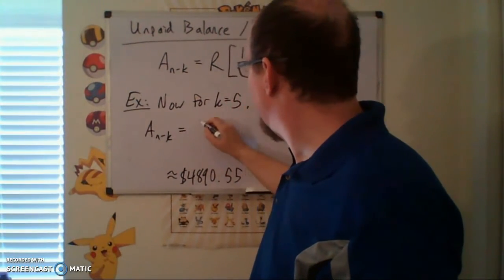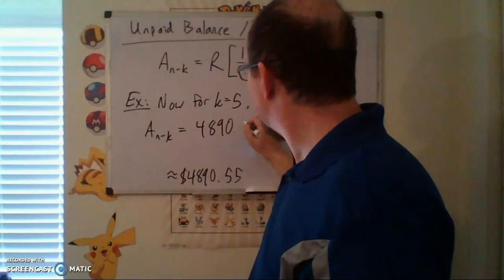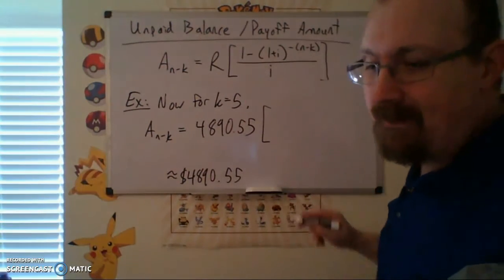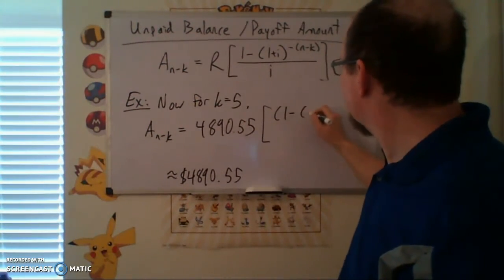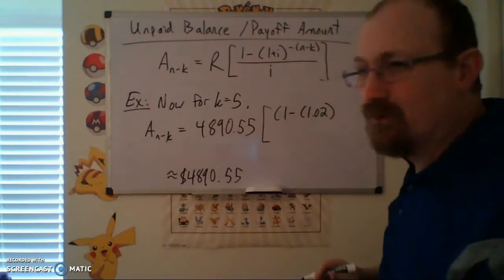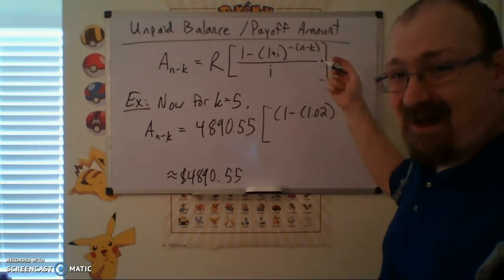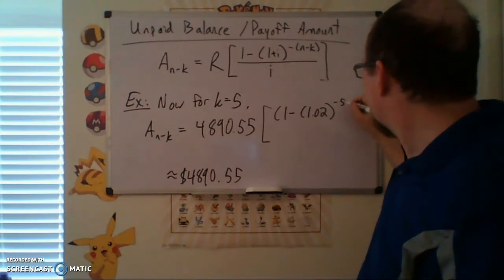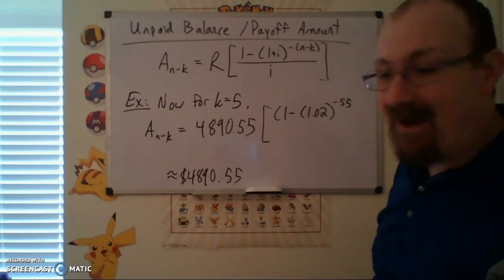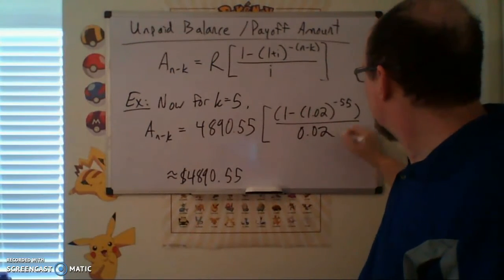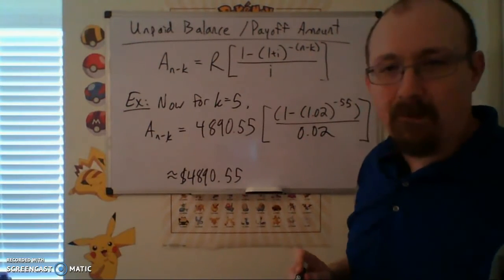So we have A sub n minus k, 4,890.55. And up top, we're going to have 1 minus 1.02 to the negative 60 minus 5. Be careful with that. In any case, you should get negative 55 out of that guy right here. And then down below, we've still got i hovering around.